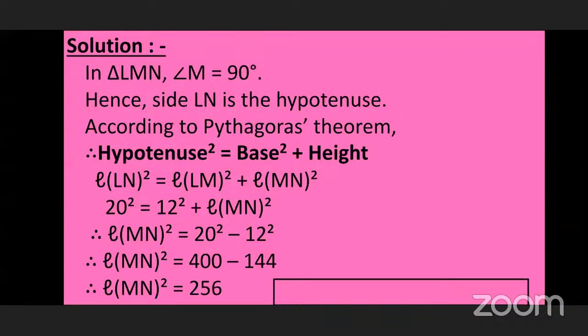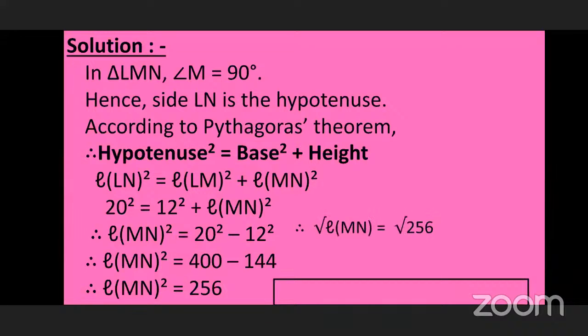And after subtracting, we will get 256. So length MN square is equal to 256. And to get the value of LM, as LM is having square, to remove the square, we will put square root on both the sides.